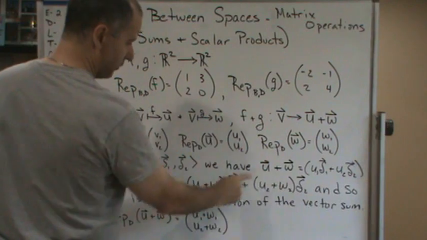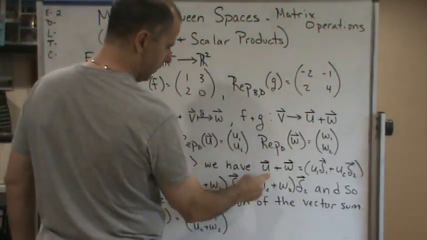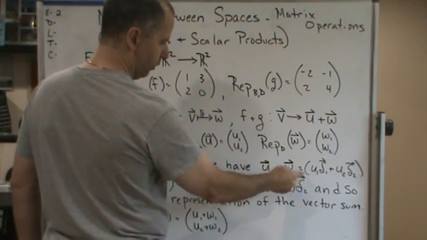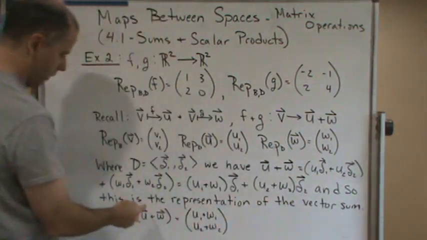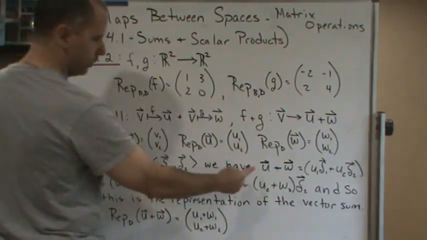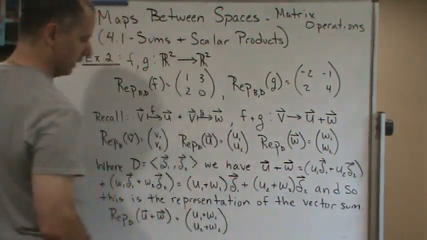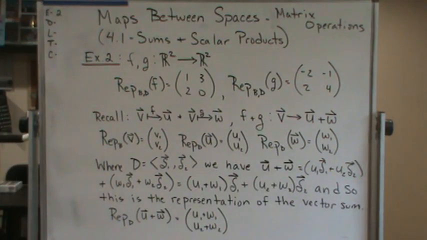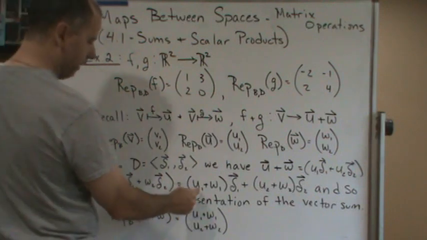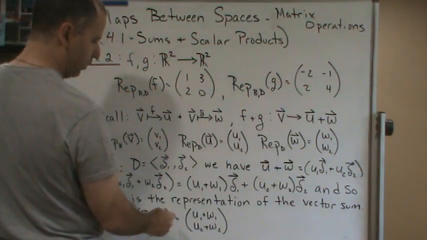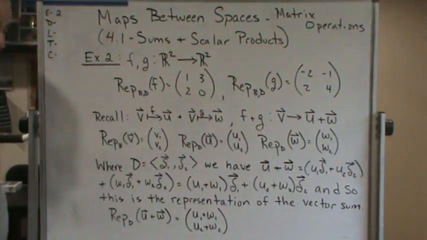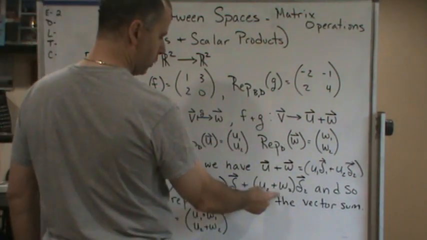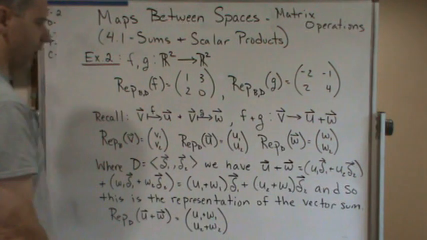We have this vector sum, u plus w, given by this plus this. So all we're doing is rewriting vectors u and w as a linear combination of the delta 1 and delta 2 vectors. And then we're regrouping things so that we have the u1 plus w1 with the delta 1, and likewise u2 plus w2 with the delta 2.